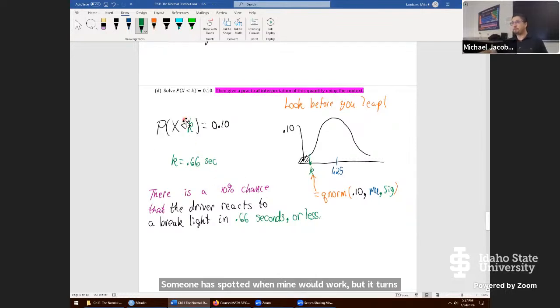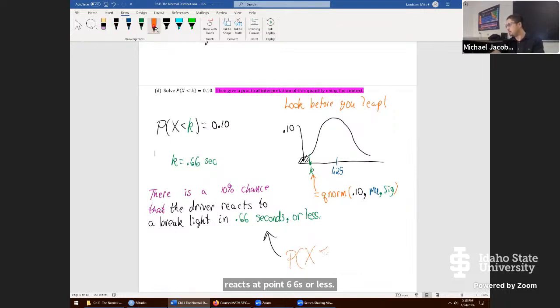When we wrote this out, we were saying x, the reaction time, is strictly less than k. But down here, we're saying reacts at 0.66 seconds or less. That's a statement that goes this way. It's as if we changed the entire symbol in the probability question from strictly less than to less than or equals to.